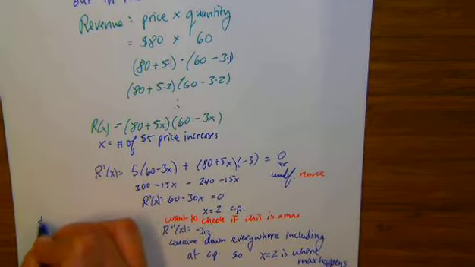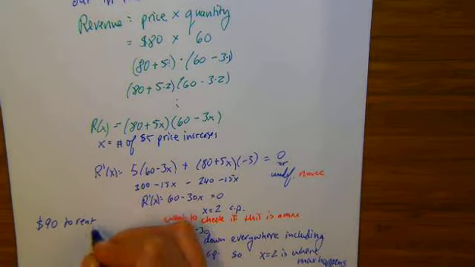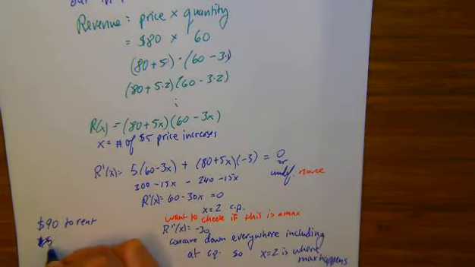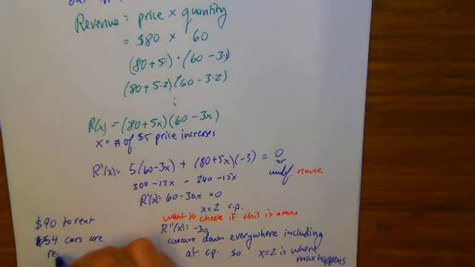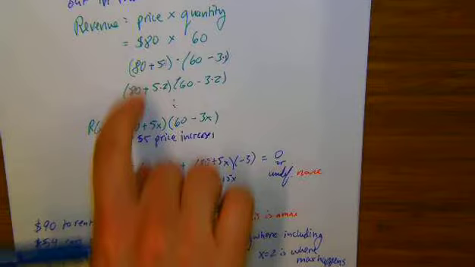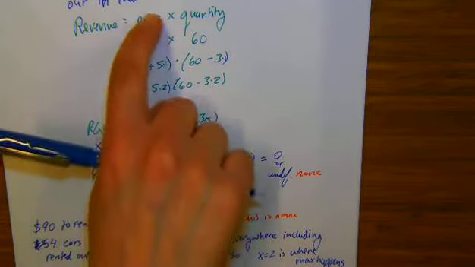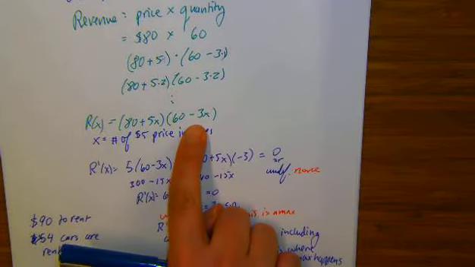Good. So $90 to rent, and then 54 cars are rented out for maximum revenue. Exactly. Because we want to know what price and how many cars. So this is our price, 80 plus 5x, and that's our quantity.